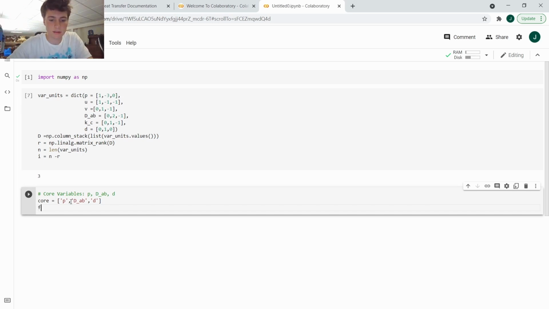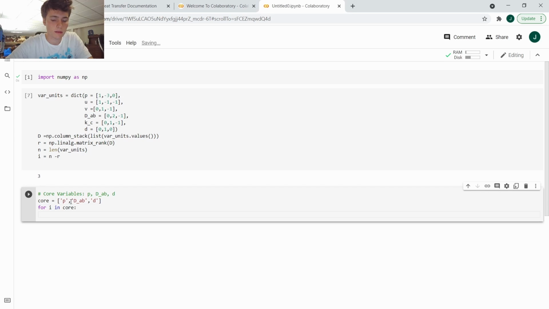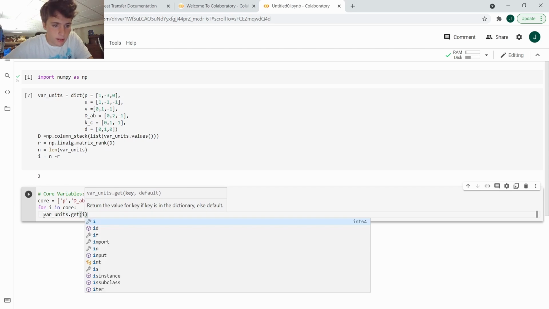Now what I want to do is go through this list and get the values for these keys. So for i in core var units, we can use the get method, where you put in the key and it will return the value associated with the key.